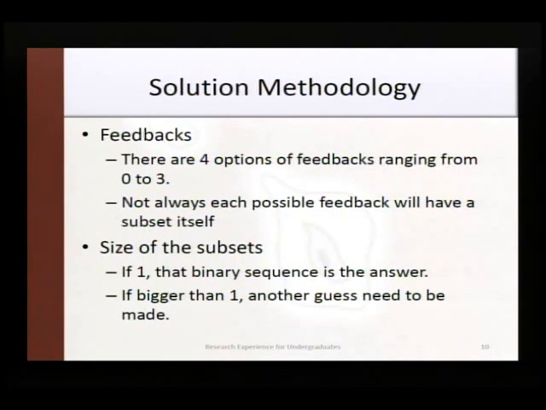As in the example before, my possible feedback was going to be 0 or 2. So if the size of my subset is 1, the binary sequence is the answer. And if it is bigger than 1, another guess needs to be made to get the answer.